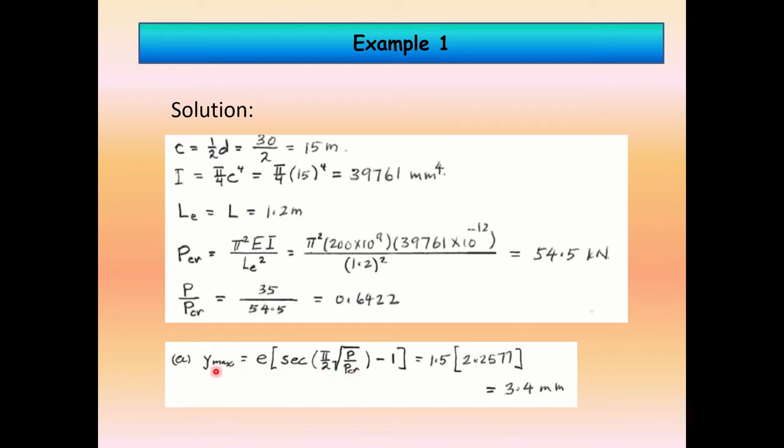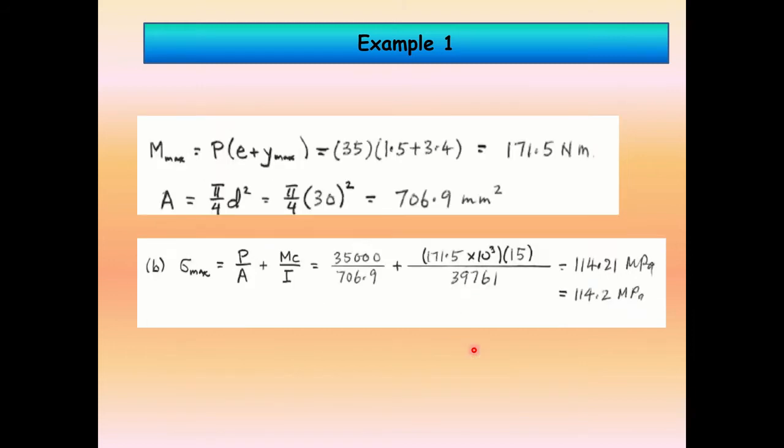This is the formula to determine the Y max at the midpoint. Substitute the data to Y max, so you will get 3.4 millimeter.